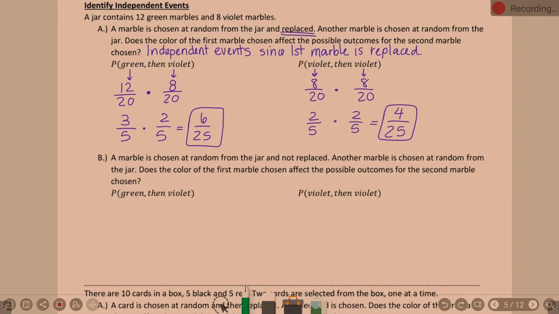Okay, so key phrase there. It says that marble is not replaced. So we have fewer marbles the second time around, don't we? Okay, so Jay used the word dependent. I think this book just says independent or not independent. So while I agree with dependent, I'm going to write not independent.